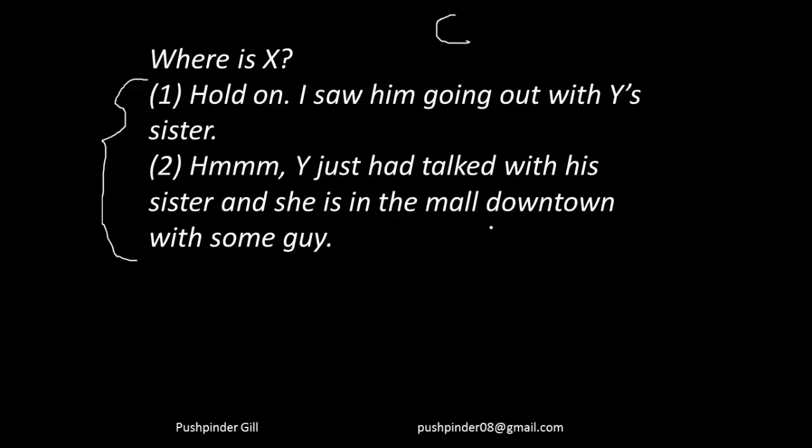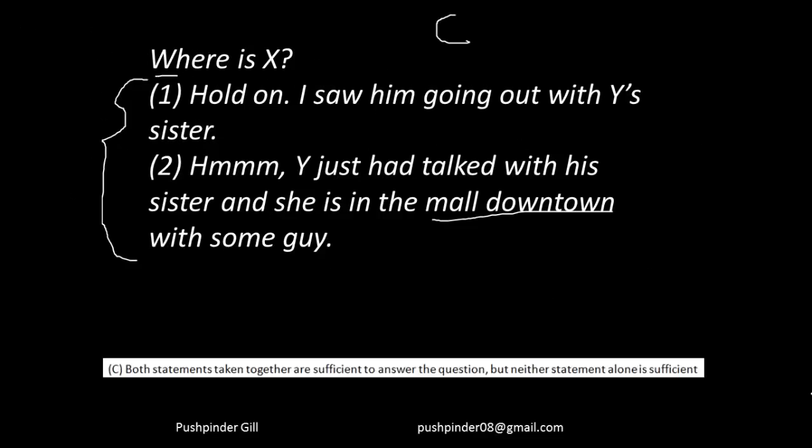So that means x is in the mall downtown, because the first statement tells that x is with Y's sister, and the second statement tells that Y's sister is in the mall downtown. So I'm able to get the location of x using both the statements. This is answer choice C: both statements taken together are sufficient to answer the question, but neither statement alone is sufficient.